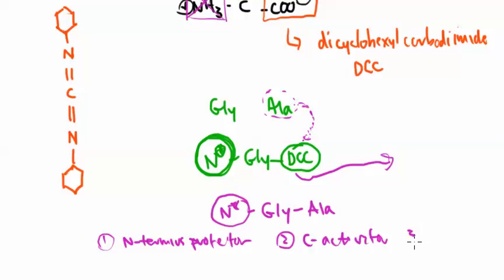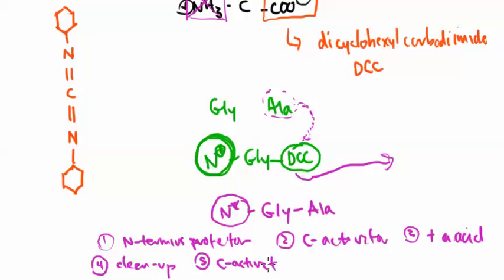In the third step, you add the amino acid that you want to come in second. In the fourth step, you do a cleanup process. So you would take this dipeptide, extract it out of solution, and you would have this dipeptide of glycine and alanine. Then you will turn around and add another C activator onto the molecule.